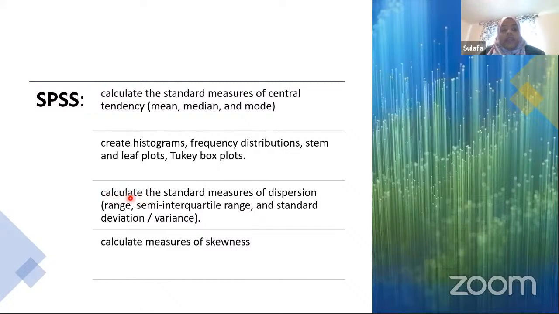We can also calculate the standard measures of dispersion: range, semi-interquartile range, standard deviation, and variance. Simply give the command to SPSS and it displays all this analysis for your data set. It can also calculate measures of skewness.